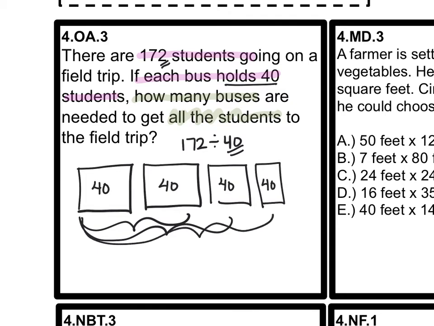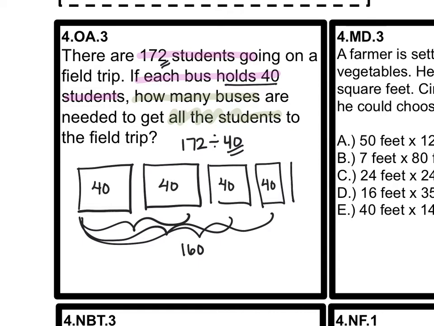So all four of these 40s put together are going to be 160 students. Now, is 160 going to get every single student to the field trip? No, we're still going to leave 12 kids out. So if you did the division or you looked on a calculator, it's going to say 4.